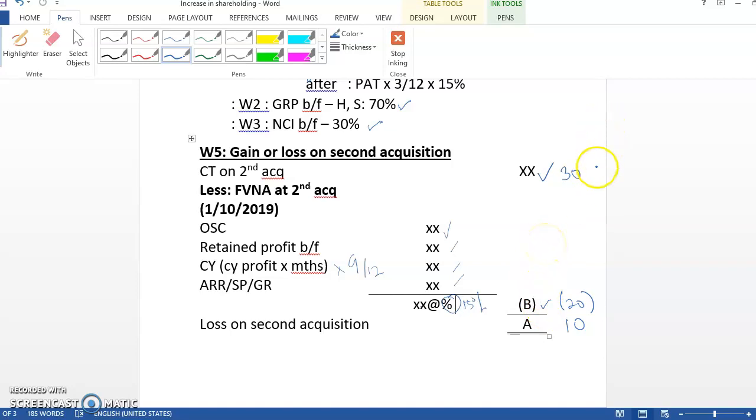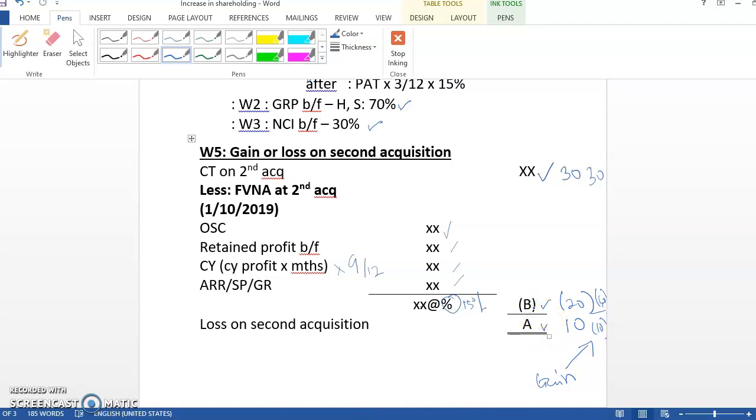However, on the other hand, if you get negative, for example, you have 30 but here you have 40, so you get negative 10. The negative 10, we call it a gain, because you pay 30 but you get 40, so you get a gain of 10. This gain or loss, I label it as A, figure A.